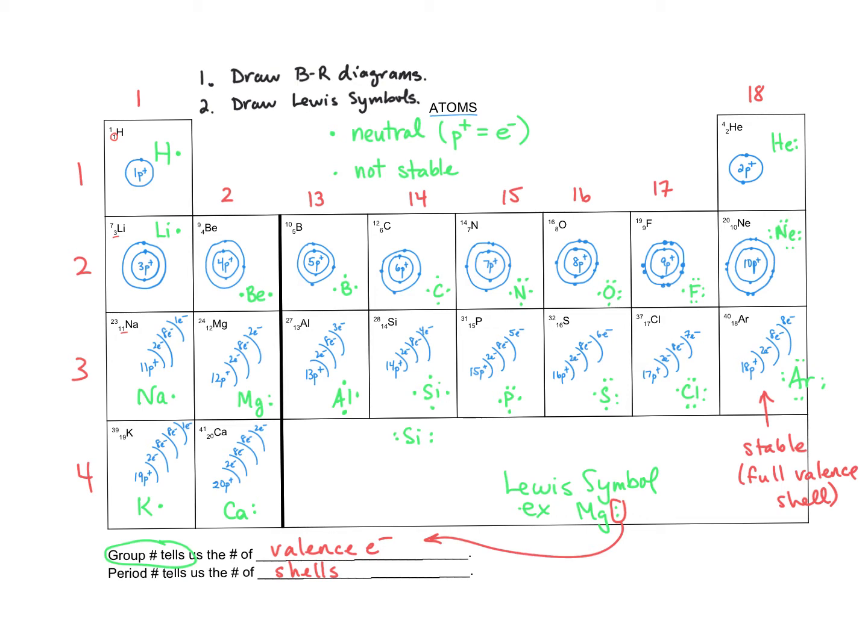Okay, now a faster way to represent these structures is to use Lewis symbols. When we draw a Lewis symbol, we use the element symbol, and this element symbol represents the nucleus as well as any inner electrons. The dots represent the outer electrons.